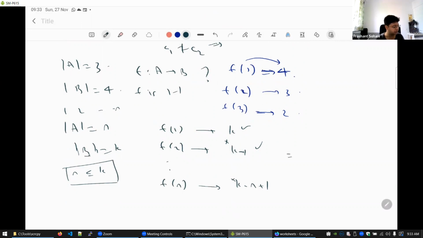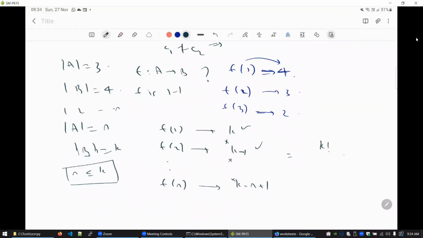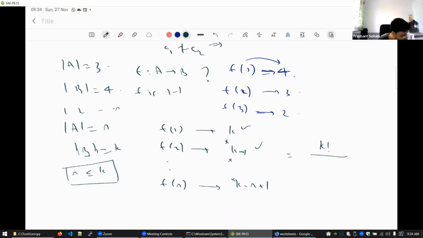So can we represent this product in some way? First of all, we write k factorial and then divide by k minus n factorial.